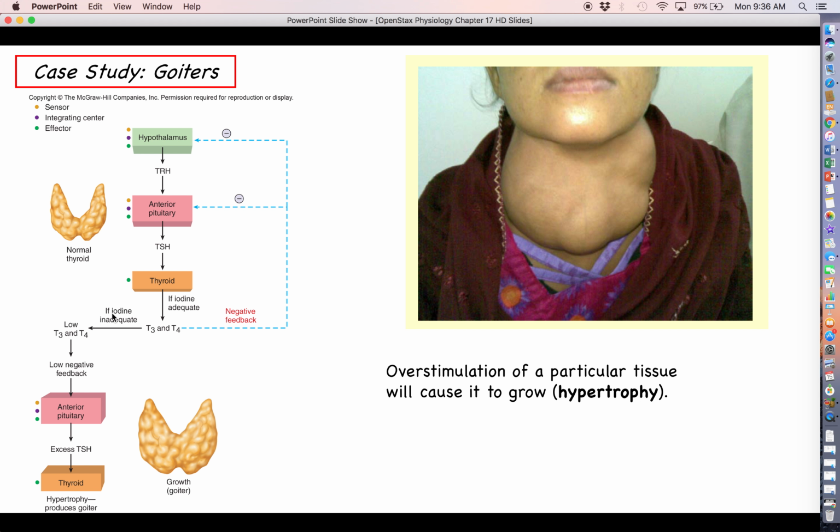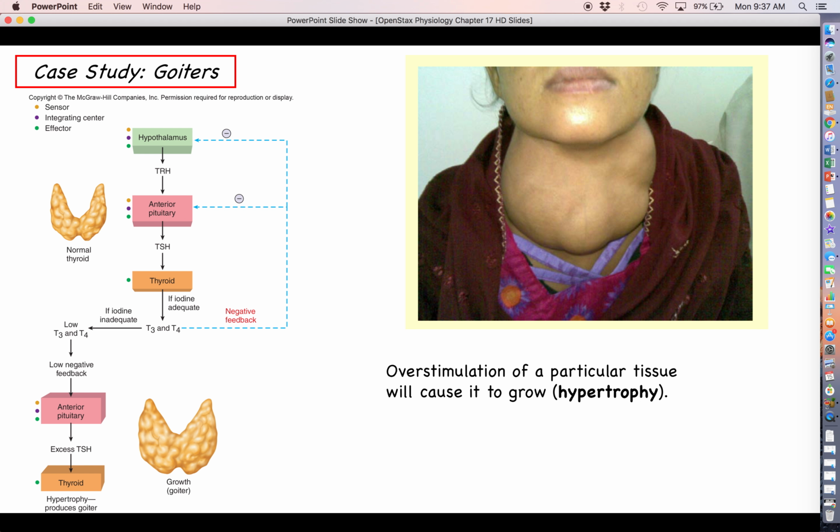So if iodide is inadequate, we get low concentrations of T3 and T4. That prevents our negative feedback from shutting down TSH and TRH. So instead, the anterior pituitary will make even more TSH, and that is going to overstimulate the thyroid. The thyroid is basically being bombarded with TSH molecules, and this introduces a new topic for us.